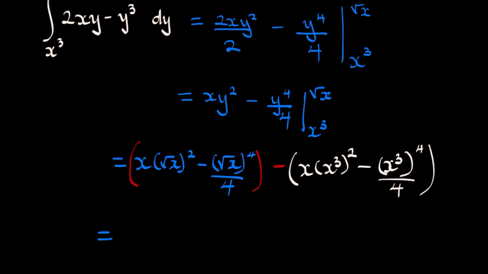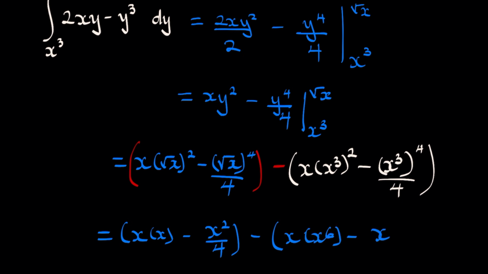Now let's simplify this guy. So you have x, the square root of x all squared will give us x, minus square root of x exponent 4 will give us x squared divided by 4, then minus, so here will give us x multiplying x exponent 6, then minus x exponent 12 divided by 4.